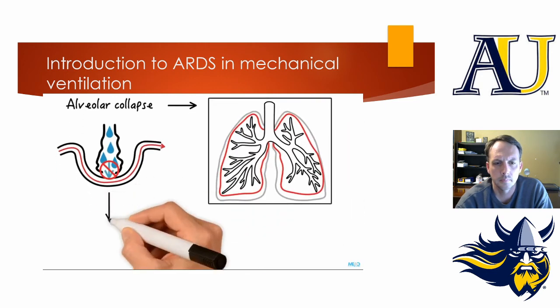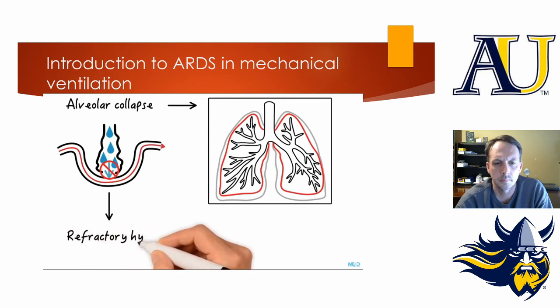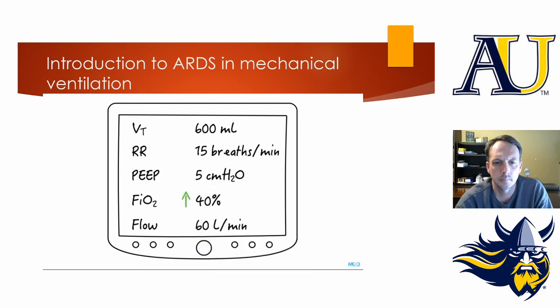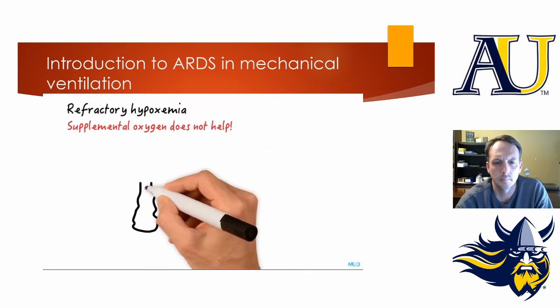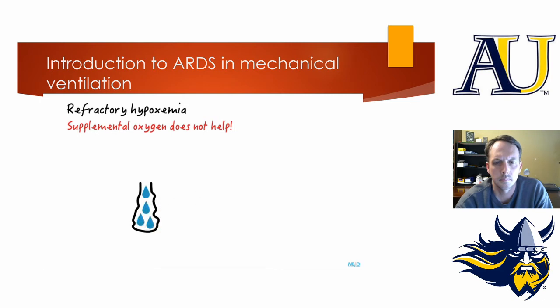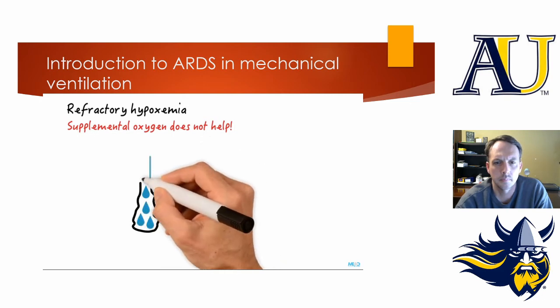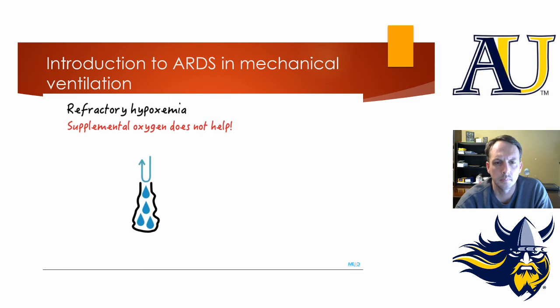Collapsed alveoli may also result in refractory hypoxemia. Refractory hypoxemia is hypoxemia that does not correct with the administration of supplemental oxygen. In other words, you can try to administer high levels of FiO2, but because the alveolus is collapsed and compromised, oxygen concentration alone will not correct the hypoxemia.